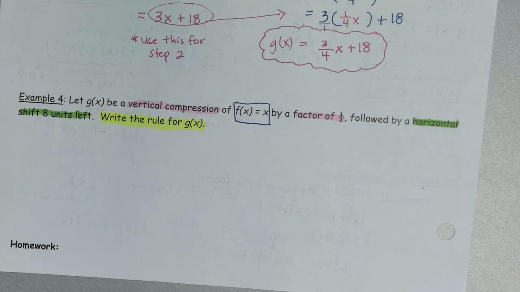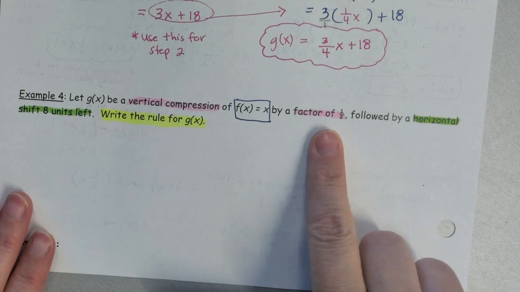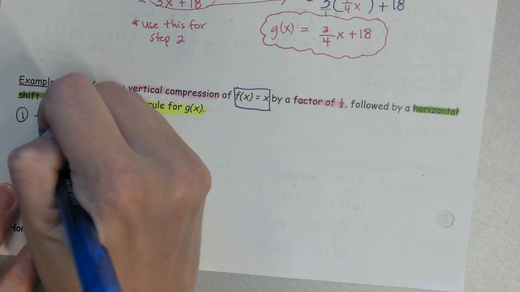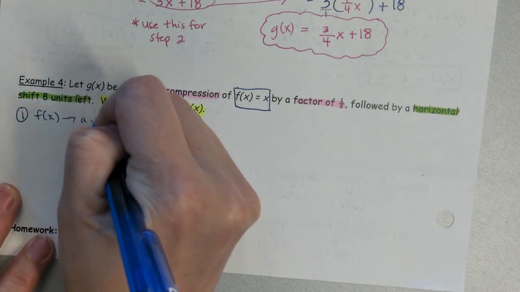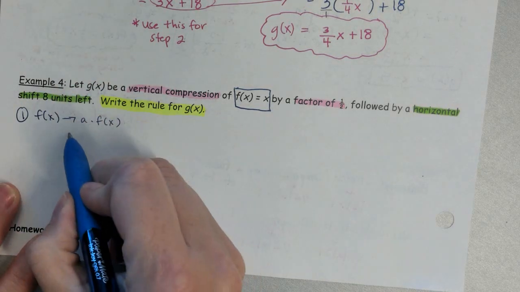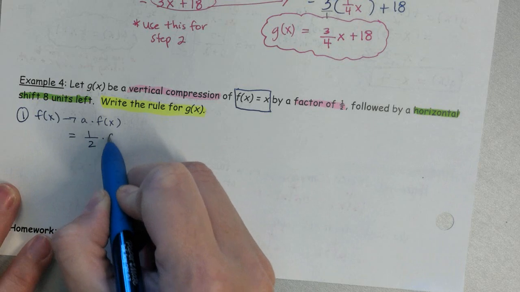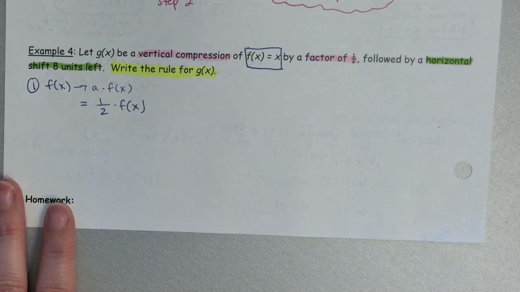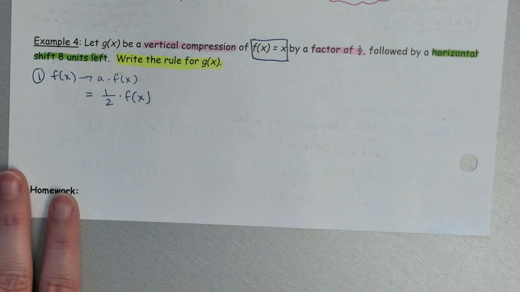All right, let's see how first step went. So you had a vertical compression by a factor of 1/2. So if it's vertical, a times f of x, which is going to be 1/2 times f of x. Okay, how are we doing that, identifying the rules? We can look back, we can find those, we can plug in the factor.